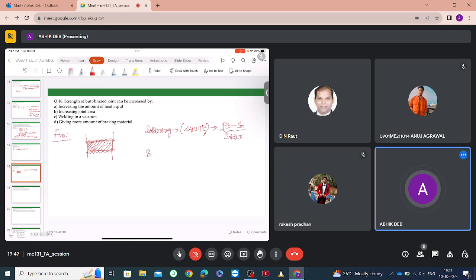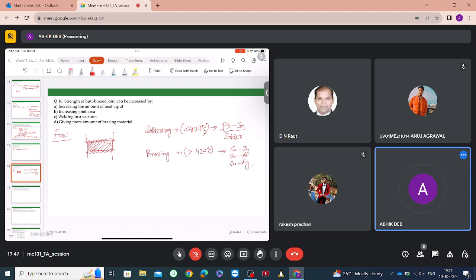In brazing, it happens above 427 degrees Celsius, and the filler metal that we use is called spelter, an alloy of copper, mostly copper zinc, or copper aluminum, or copper silver.